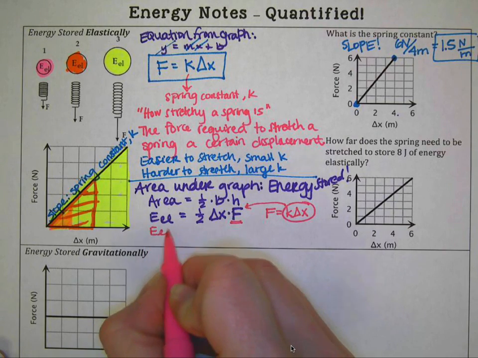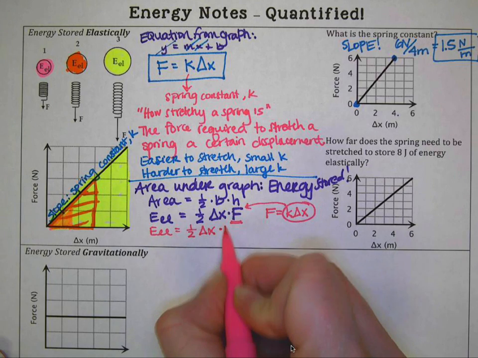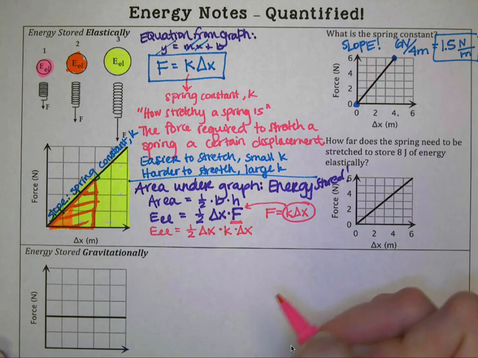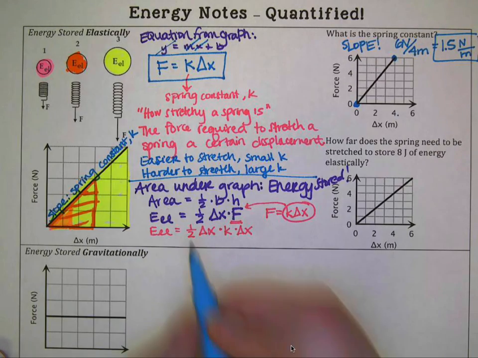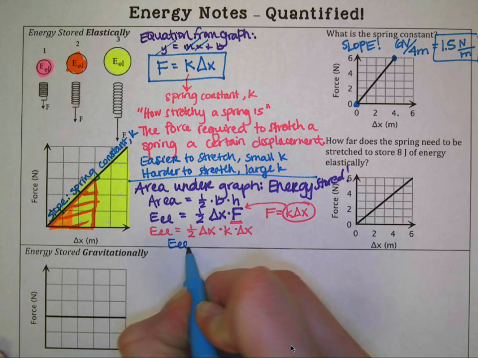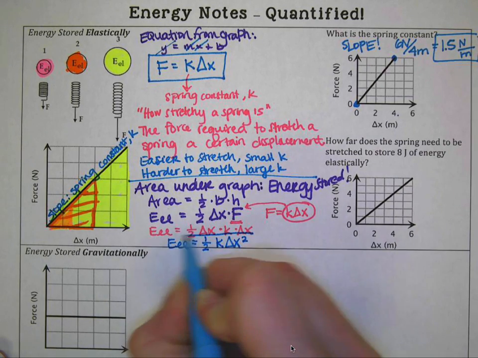So our elastically stored energy is equal to 1/2 times displacement times k times displacement. And as usual, we'd want to simplify that. And the elastically stored energy is equal to 1/2 times k delta x squared.